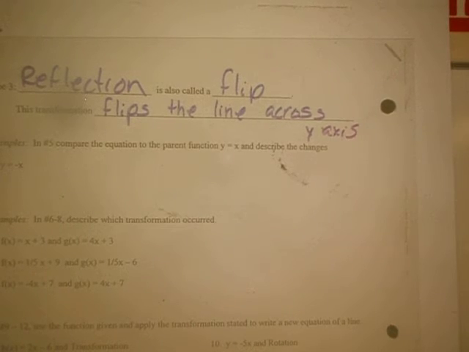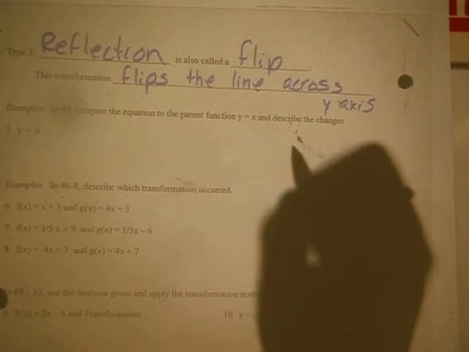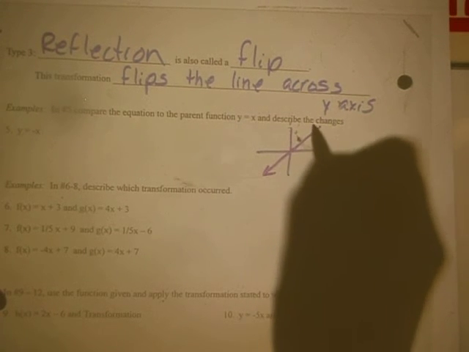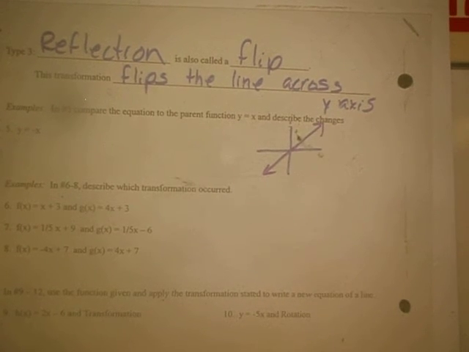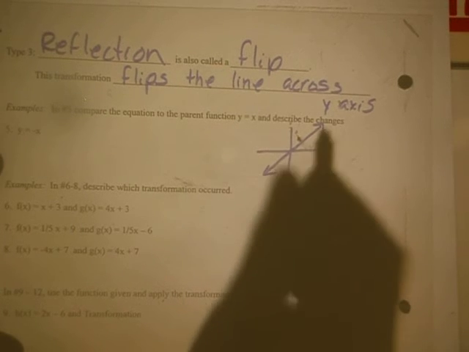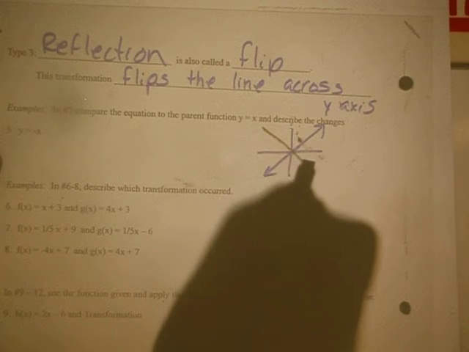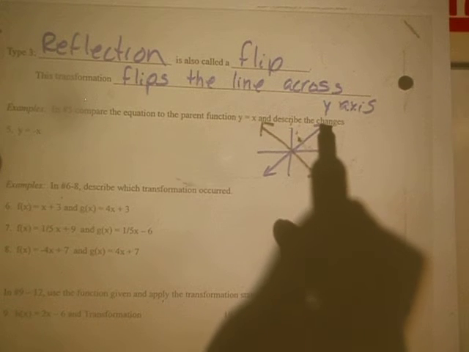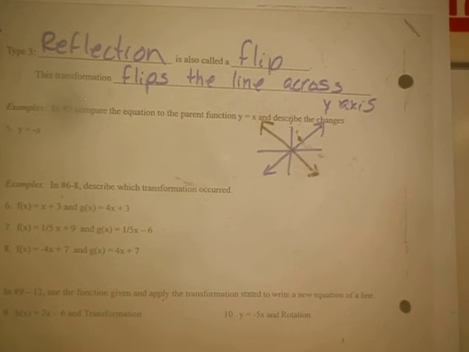If we had the line y equals x, it would look like this. And if we graph the line y equals negative x, it flips it across the y-axis. So this came from the right-hand side over to the left-hand side.